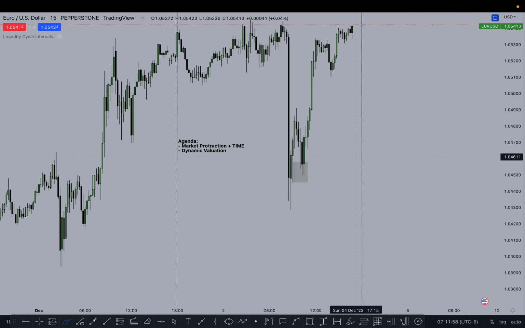Now, market protraction happens during certain times of the day and also certain news events. For example, it will happen inside of FOMC and also NFP. These are the news events in which you will see some measure of market protraction. That is why if we have a market protraction manipulation, that means there's another move about to come, an equal and opposite move.